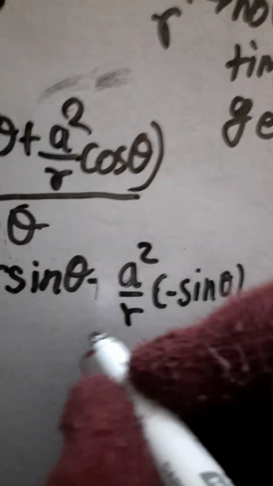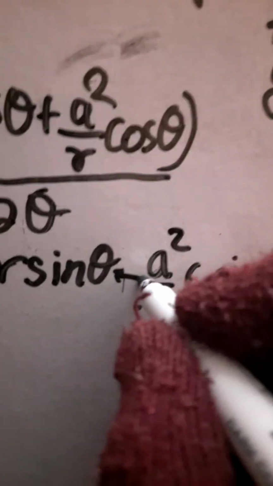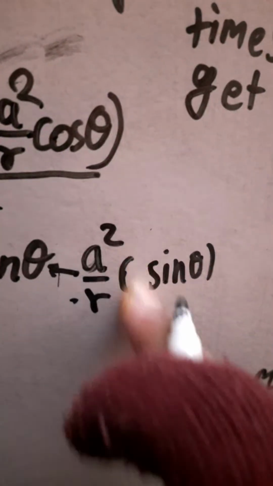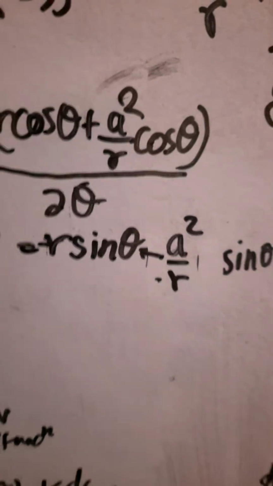Simple. So this would be negative, and I multiplied that minus there, so here we don't need minus. So what we have here is minus r sine theta minus a square by r sine theta. This is what we have now.